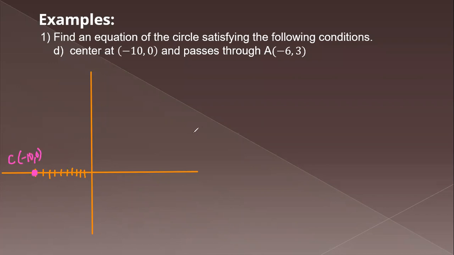We have -6, +3. 1, 2, 3, 4, 5, 6, and 3. So this is our point A, which is -6, +3. What this is saying, class, is what is the equation of the circle if it passes through point A. So let us graph the circle.